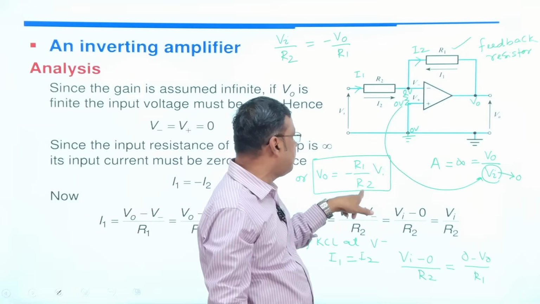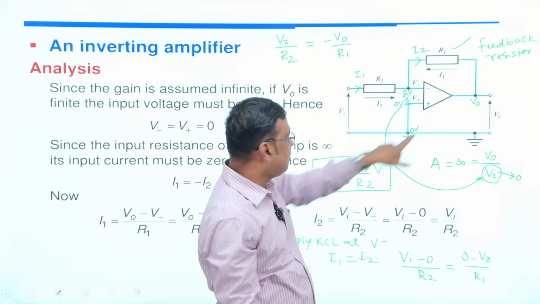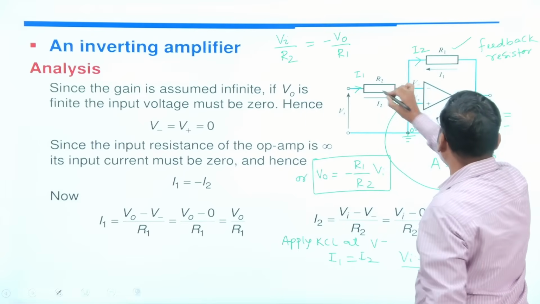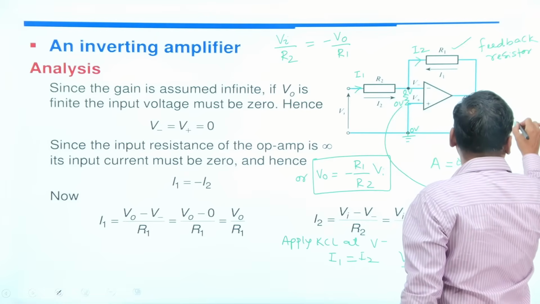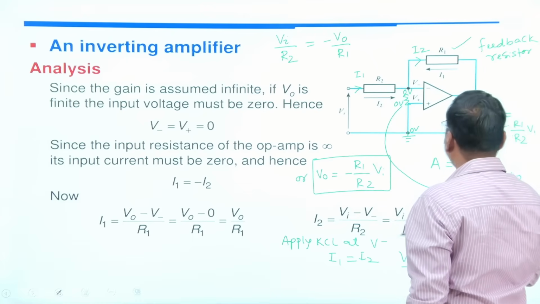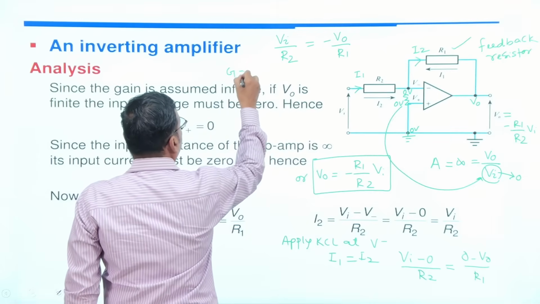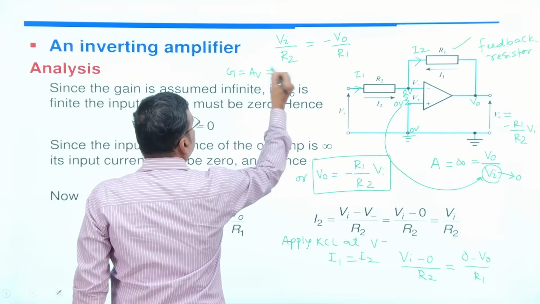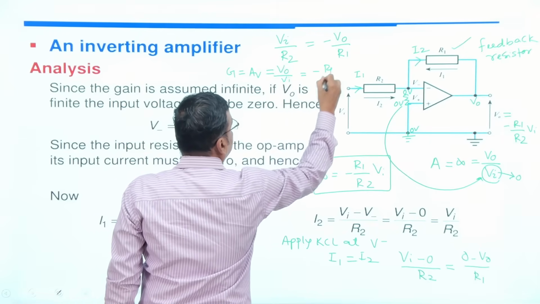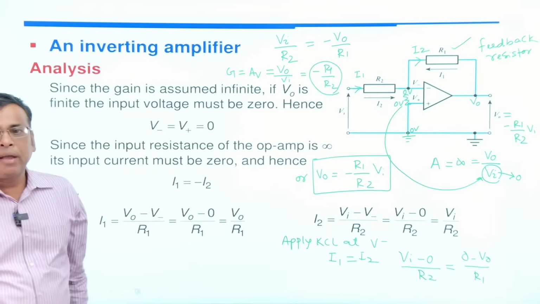So the gain AV equal to V0 by Vi equals minus R1 by R2. It is very, very important. The gain of the inverting amplifier is minus R1 by R2.